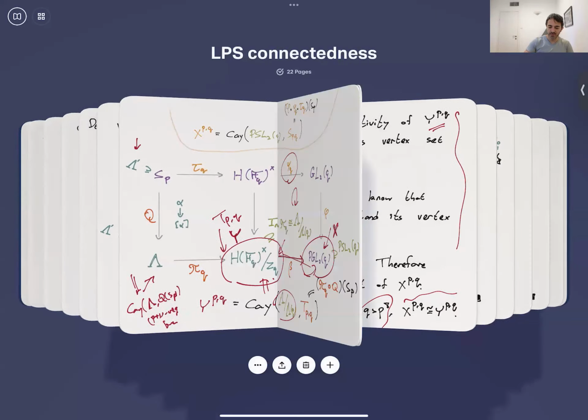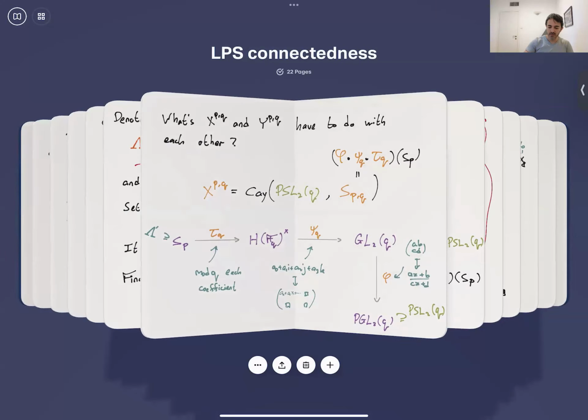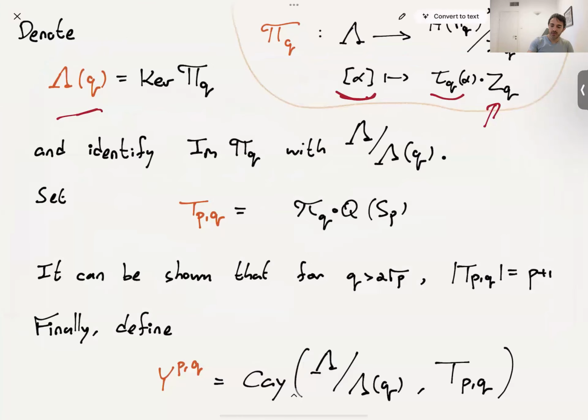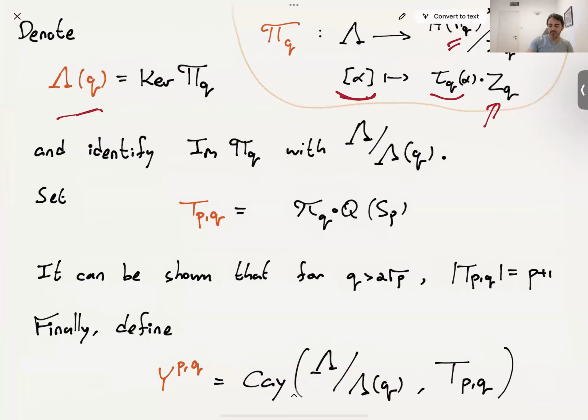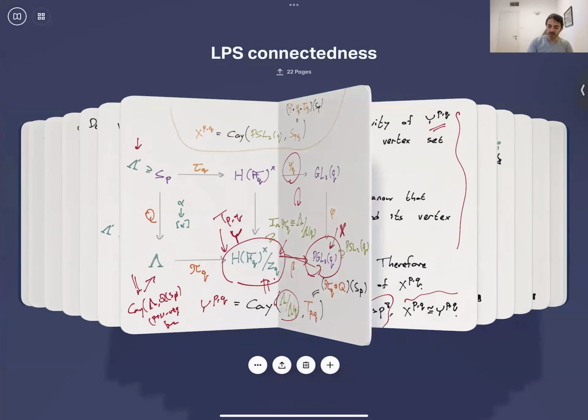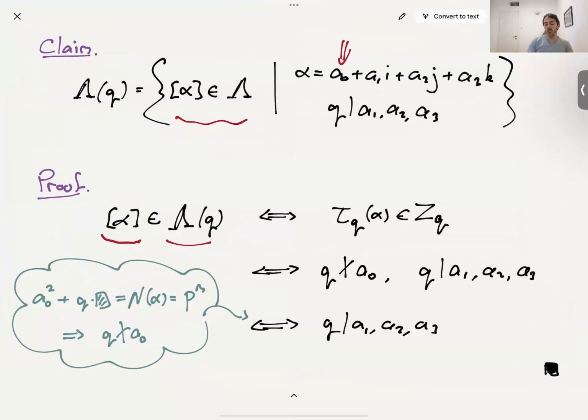Because pi q goes to these invertible quaternions modulo zq. So if this thing goes to 1, then the 1 here is just the thing we mod out by. So pi q of alpha is in zq.